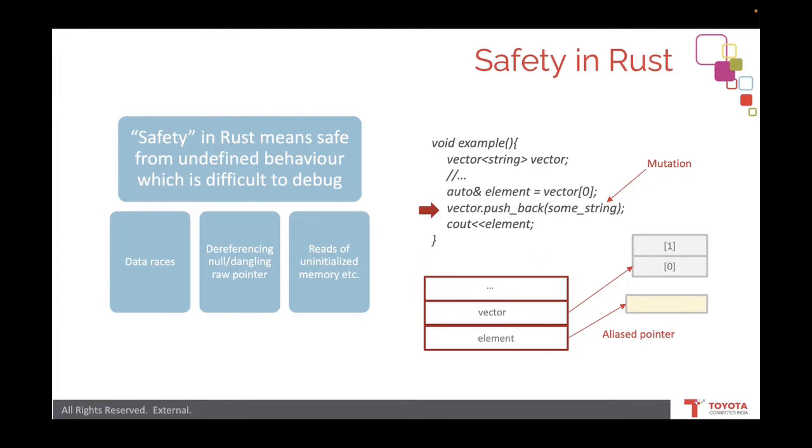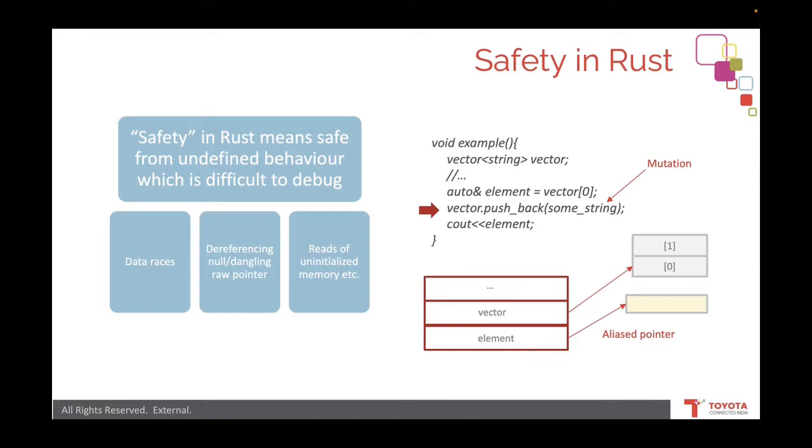In this example, we have a vector of strings, and the vector itself is stored on the stack, and we get a pointer, and we are transferring the data into it. When we try to push data into the vector, there may be a condition where the vector length is equal to the capacity.